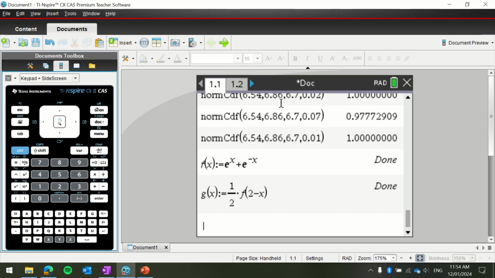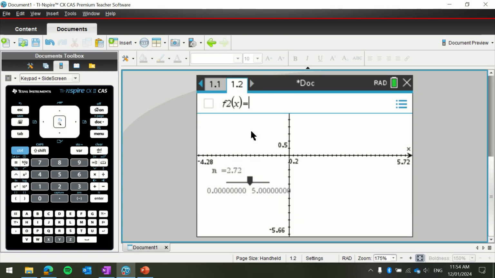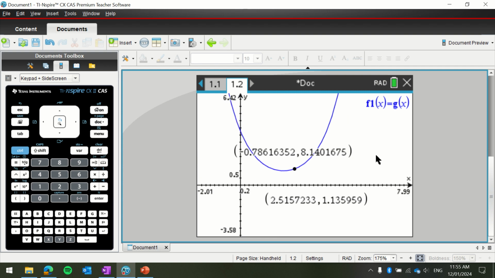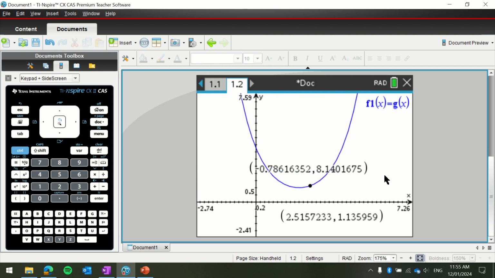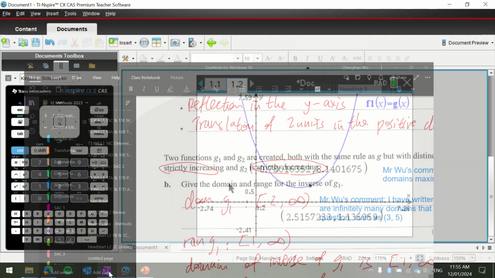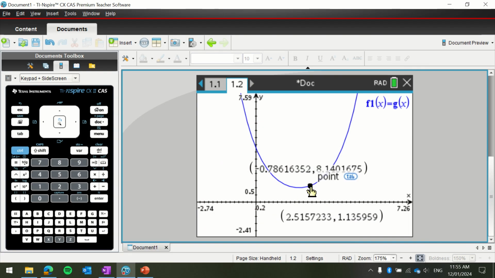And the question wants me to draw g. Let me get rid of the slider. Gone. And what else do I want? I want to get rid of that. Maybe get rid of that also. Why is this here?